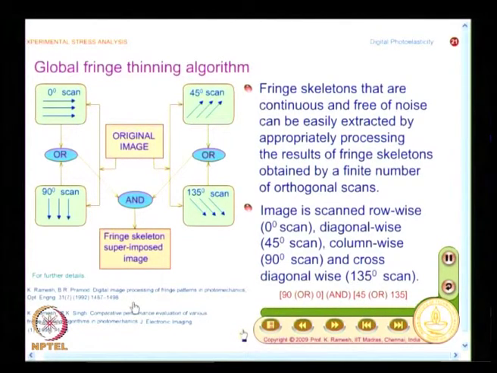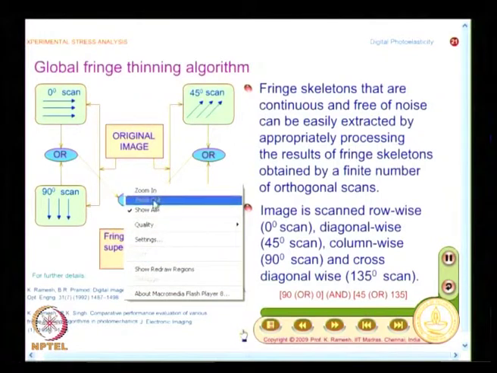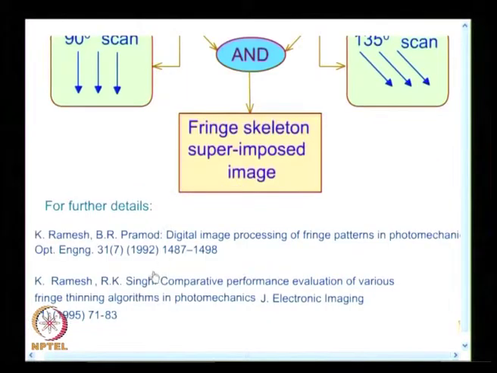If you want to get further details, you could look at these references. These were essentially published in the 1990s, and the first paper deals with the essence of this algorithm.